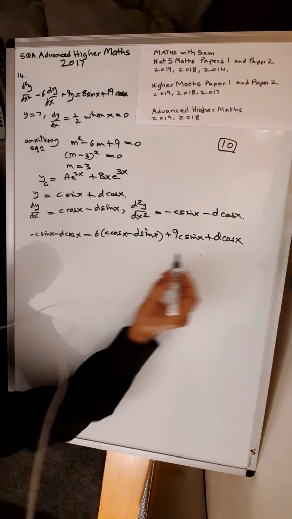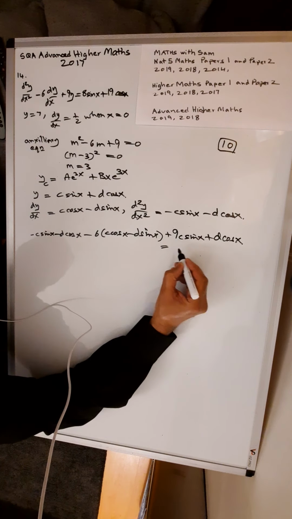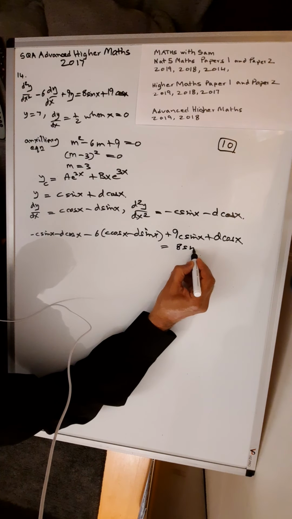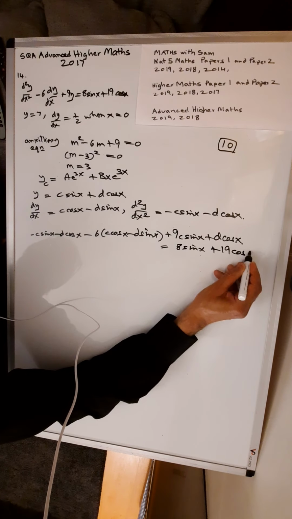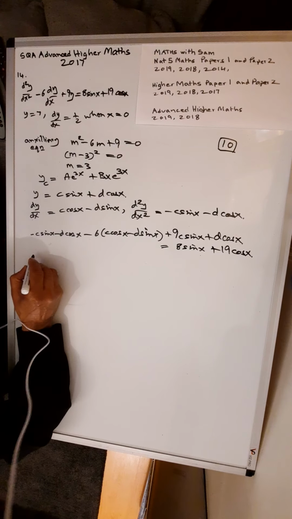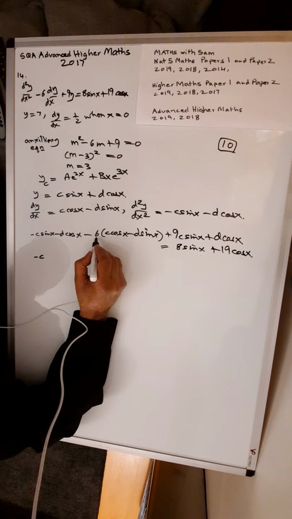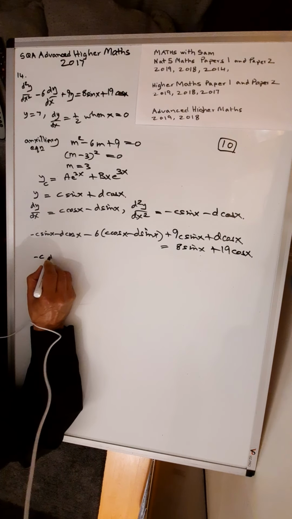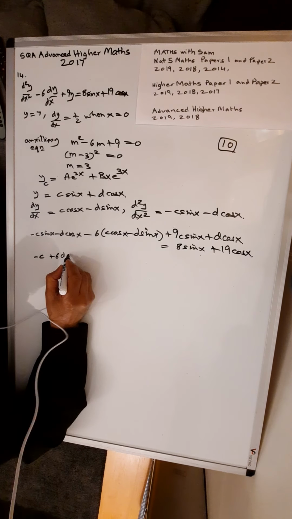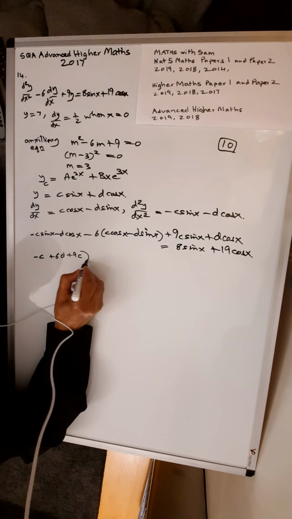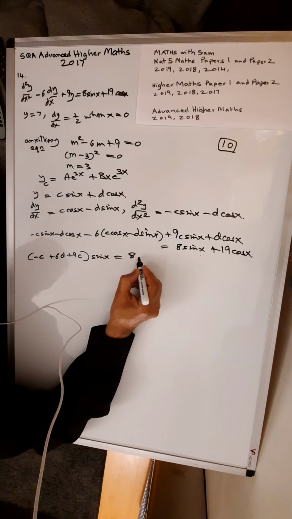Okay, so you need to gather these together. That is now equal to 8 sin x plus 19 cos x. So you gather all the sin x terms together first. You got a minus c, you got a minus that gives you plus 6d, and over here you got plus 9c, and this is sin x, and that would be equal to 8 sin x.